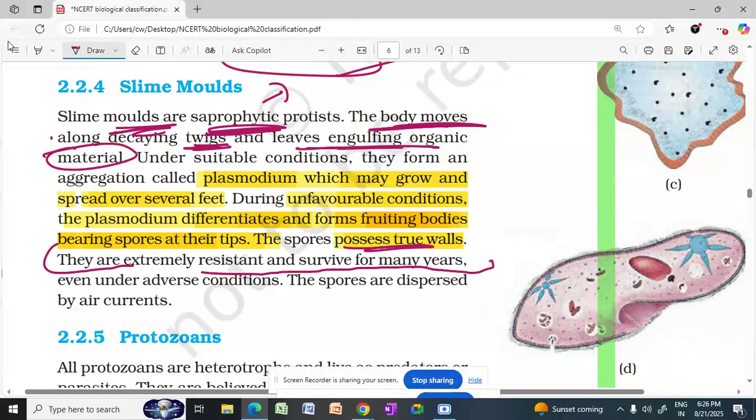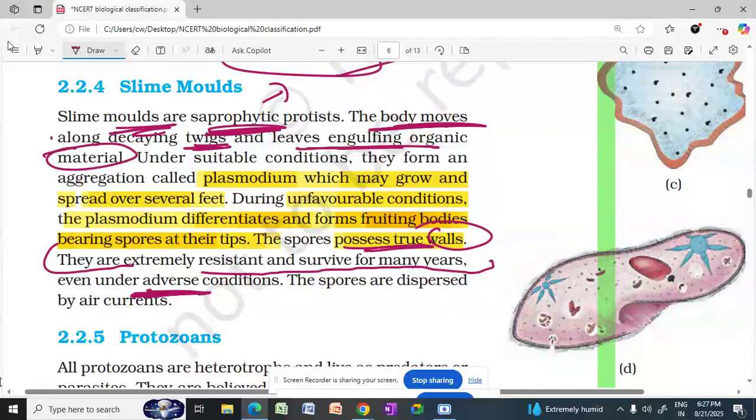Because the plasmodium body differentiates and forms fruiting bodies bearing spores at their tips, and these spores possess true walls, they become extremely resistant and can survive for many years, resistant to adverse environmental conditions.